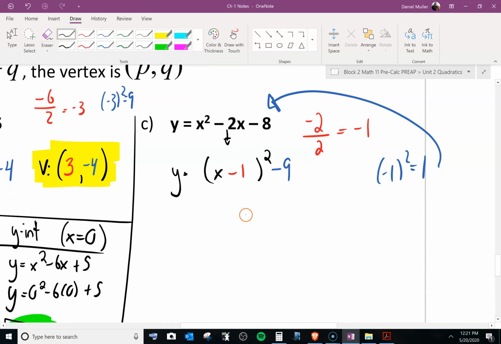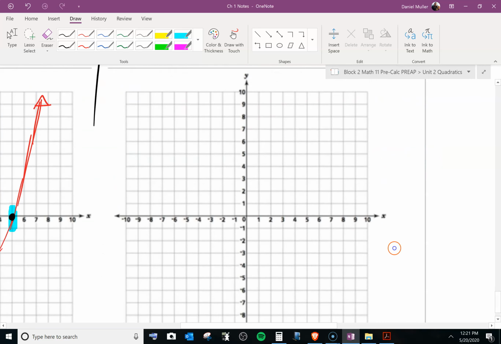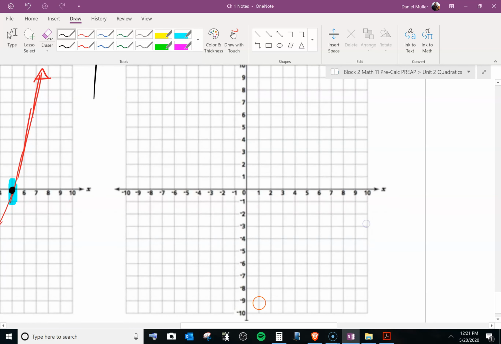Therefore, I can now find my vertex. My vertex is going to change the x to a +1 instead of a negative, and leave my y as a -9. So that is my vertex, 1, -9. So 1, and down 9.